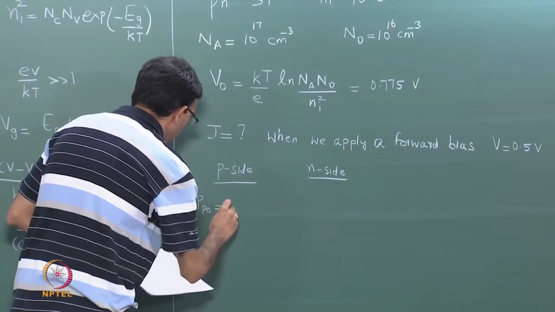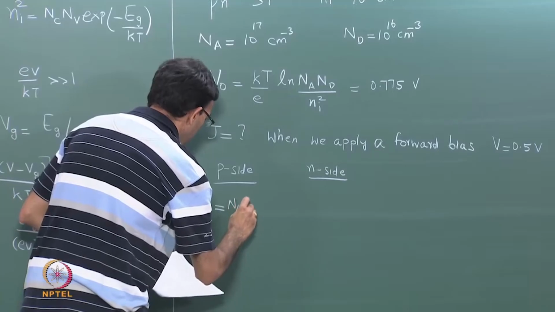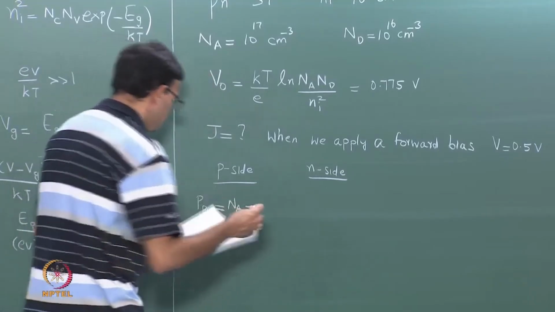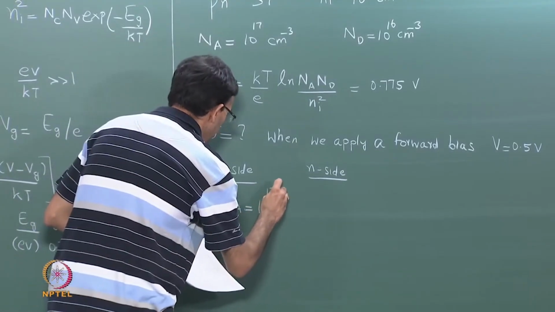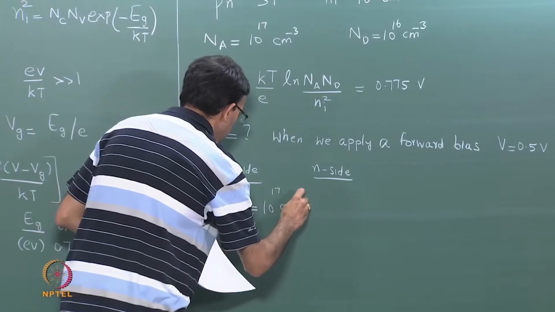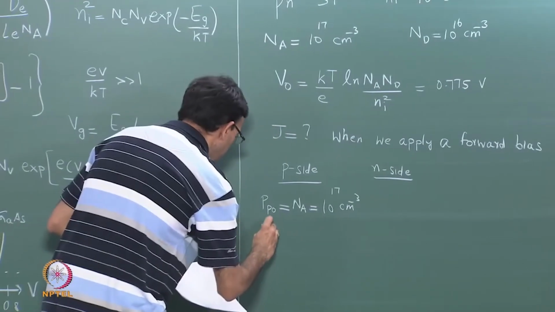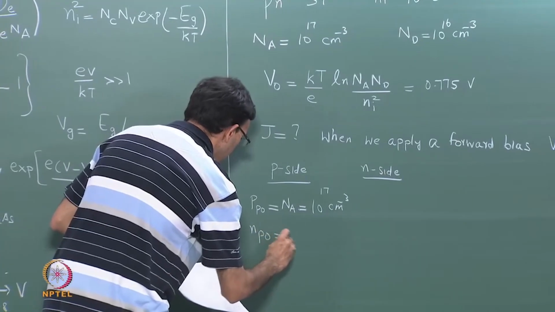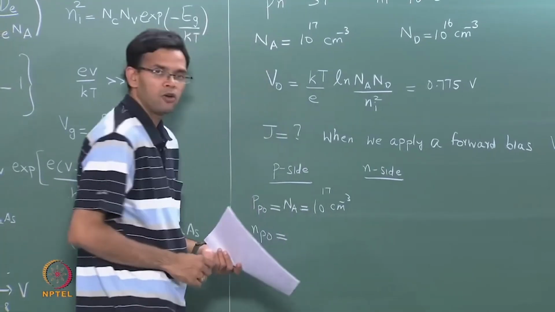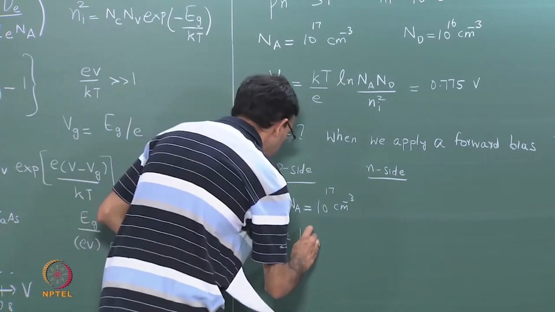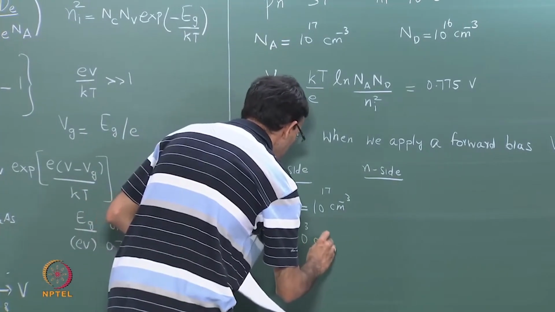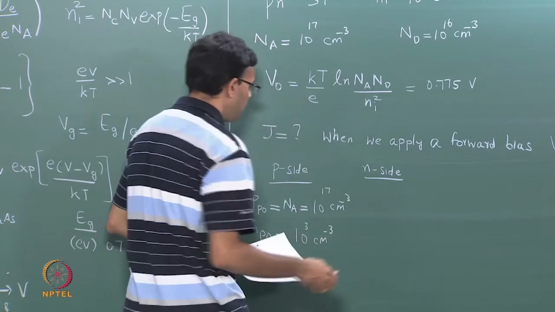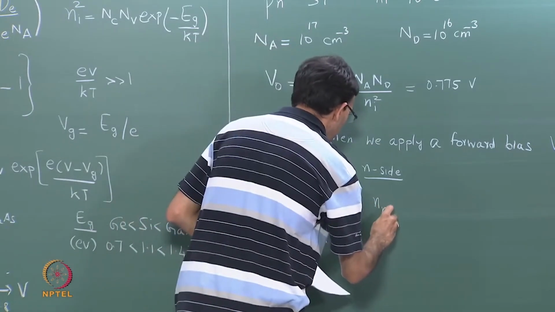If you write down the values, PPO is nothing but Na, 10 to the 17th. The concentration of electrons will be just Ni square over Na, so that is 10 to the 3. Same way we can write for the n side.